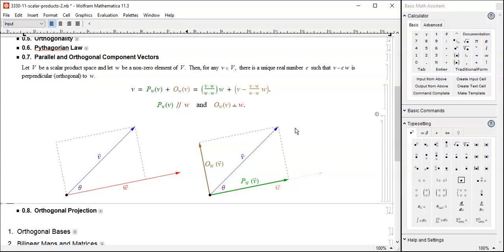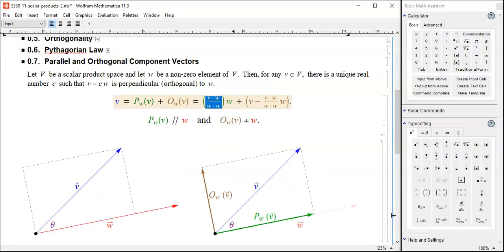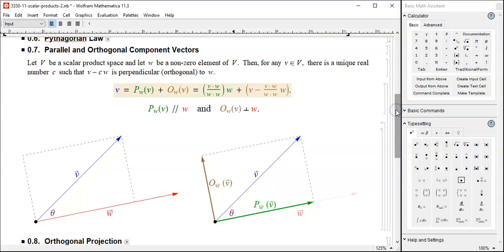Now, this parallel component vector is in w direction, so it must be written as a scalar multiplication of something times w. There's no question about that. Something times w. But what is that something? What is that c? Turns out that c is equal to v dot w over w dot w.